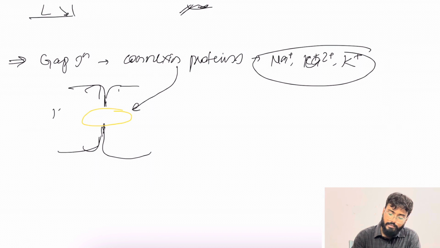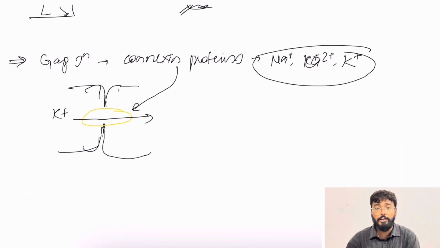So these potassium ions move through this channel to the adjacent cardiomyocyte, which in turn stimulates the sodium channels present there, causing opening of the sodium channels. This way it depolarizes the adjacent cardiomyocyte.